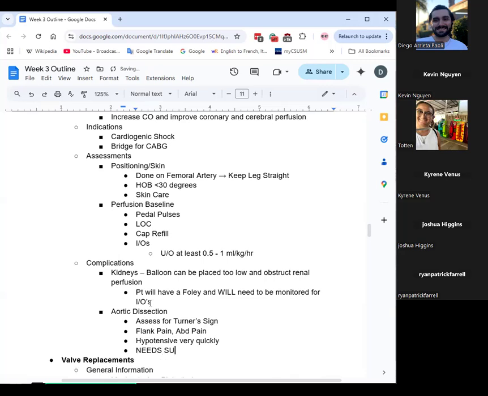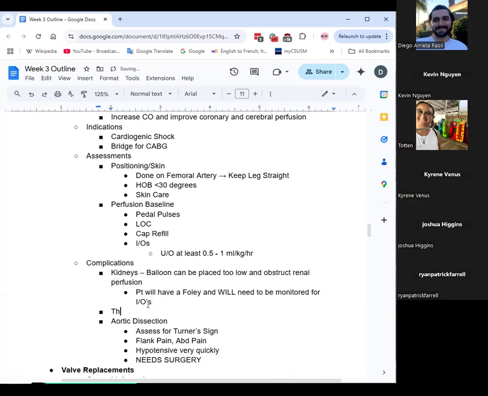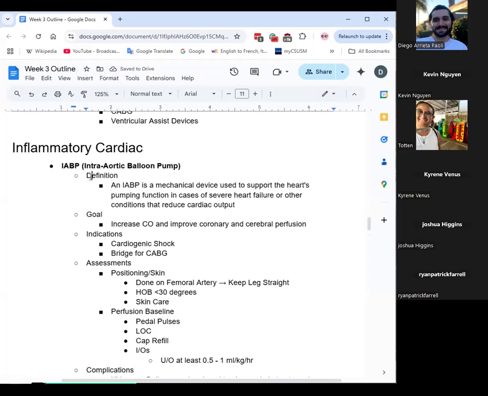Patient needs surgery. So this is an emergency. That's something that you've got to think about. We talked about thrombocytopenia, and the rupture due to weakening of the vessels. So then let me see if I can get a good picture of this pump right here.